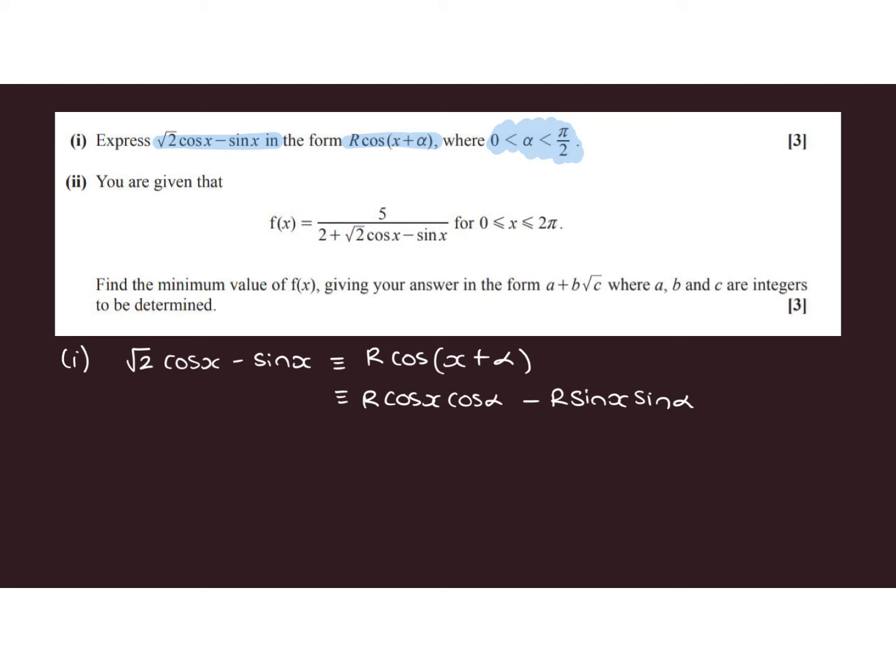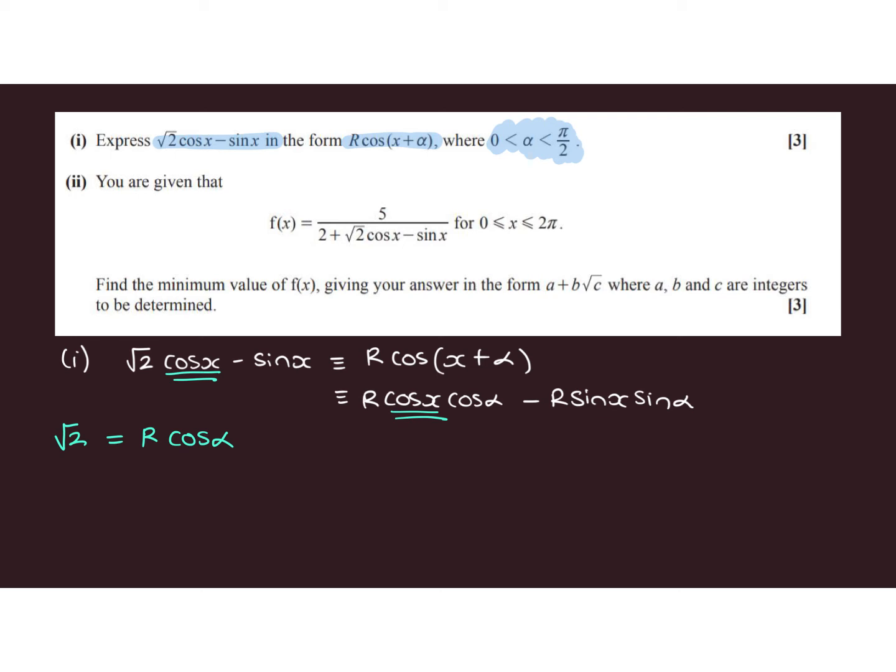Now let's compare coefficients on the left and the right hand side. Let's have a look at cos x on the left and cos x on the right. So we can see that all the multiples on both sides must be equivalent, as this is an identity. So root 2 has got to be the same as r cos alpha.